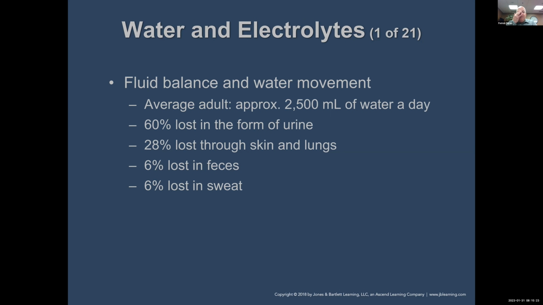So fluid, a large part of the body is made up of water, and we should consume about 2.5 liters of water a day. So that's 2,500 milliliters of water.